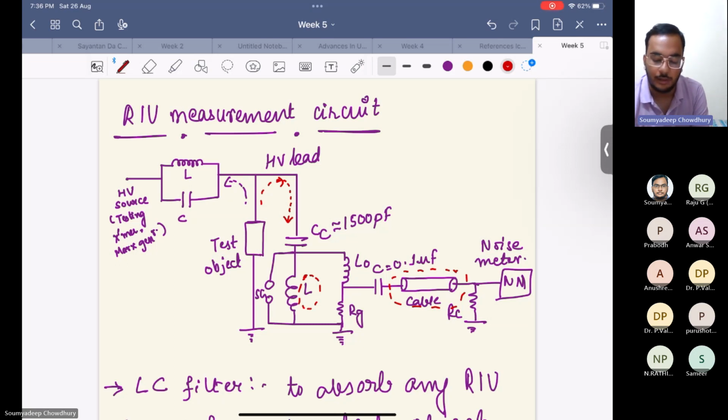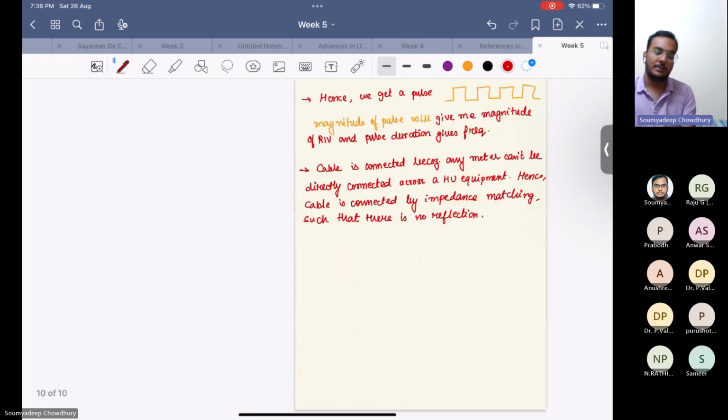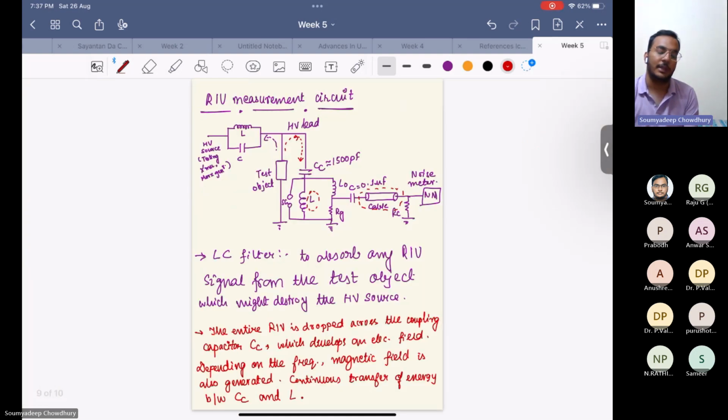Hence, we connect any high voltage equipment to a meter through a cable, which you can see here, with the appropriate matching impedance, so that there is no reflection from the high voltage signal, and hence our meter is safe. So this is basically the circuit or the theory behind measurement of RIV. Is it clear now, or are there any other questions?